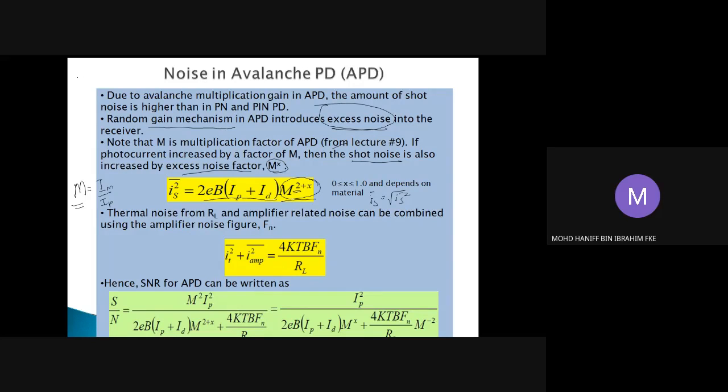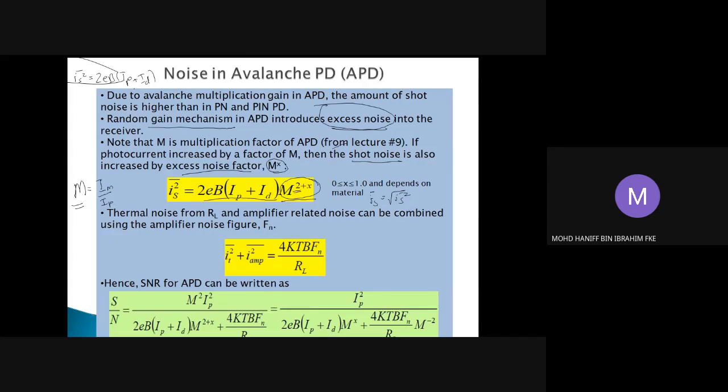We compare this with the shot noise that we had in the PN and PIN photodiode last time. There the shot noise current is only given by 2eB(I_P + I_D) only. We don't have any M factors there because in PN and PIN photodiodes there is no such multiplication factor.